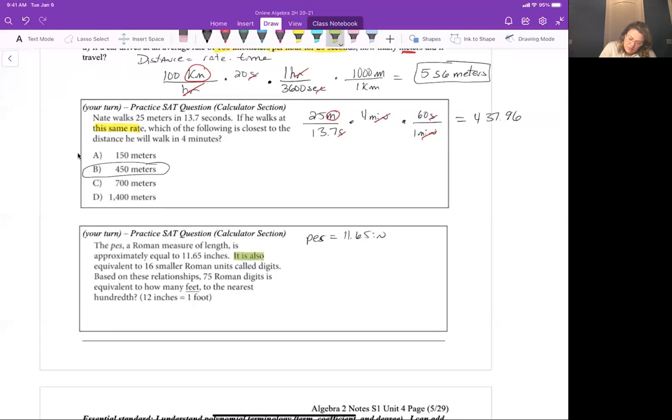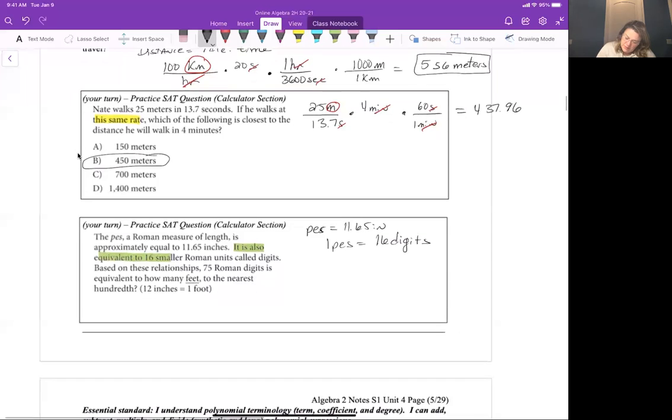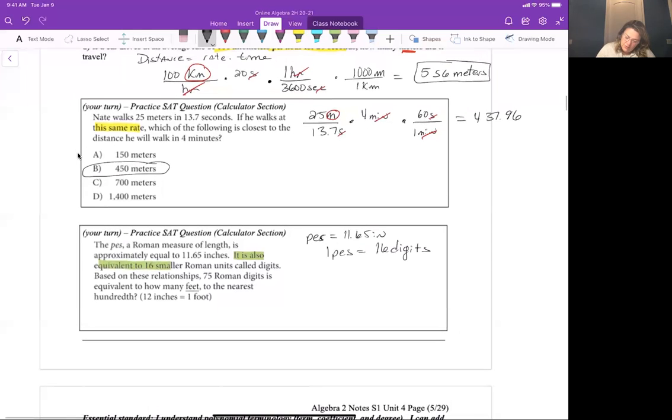So to me, that says 1 pes equals 16 digits. Based on these relationships, 75 Roman digits is equivalent to how many feet?